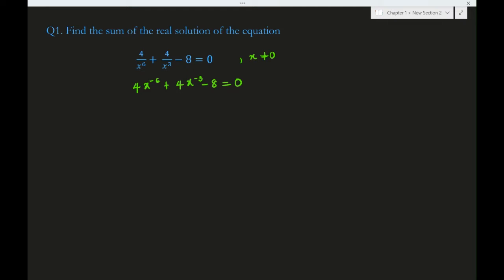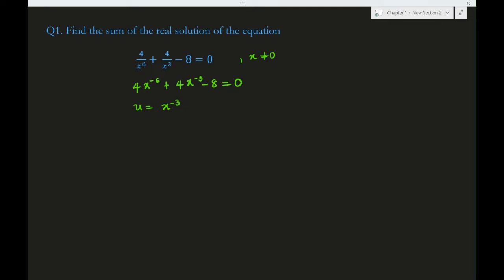Now we have negative powers. If you look at these negative powers, what can we do? We see if we can transform this to a quadratic by letting u be x to the power minus 3.